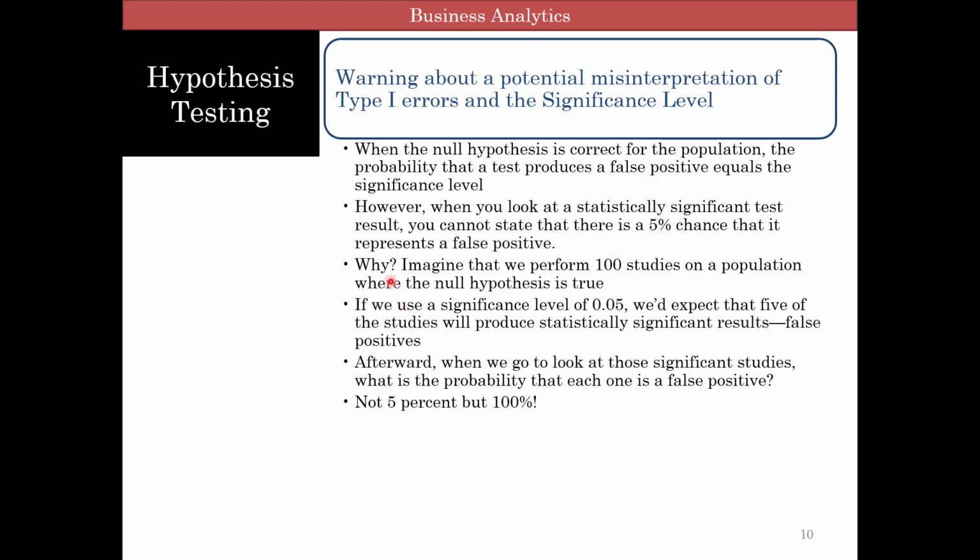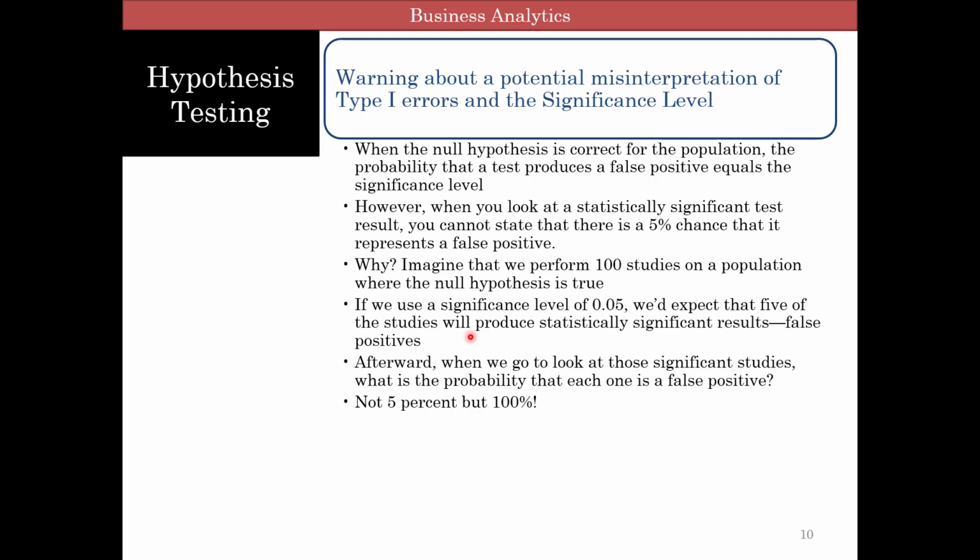Why? Imagine we perform 100 studies on a population where the null hypothesis is true, that nothing's happening. If you use a significance level of 5%, we'd expect that 5 of the studies would produce statistically significant results, and these are all false positives.